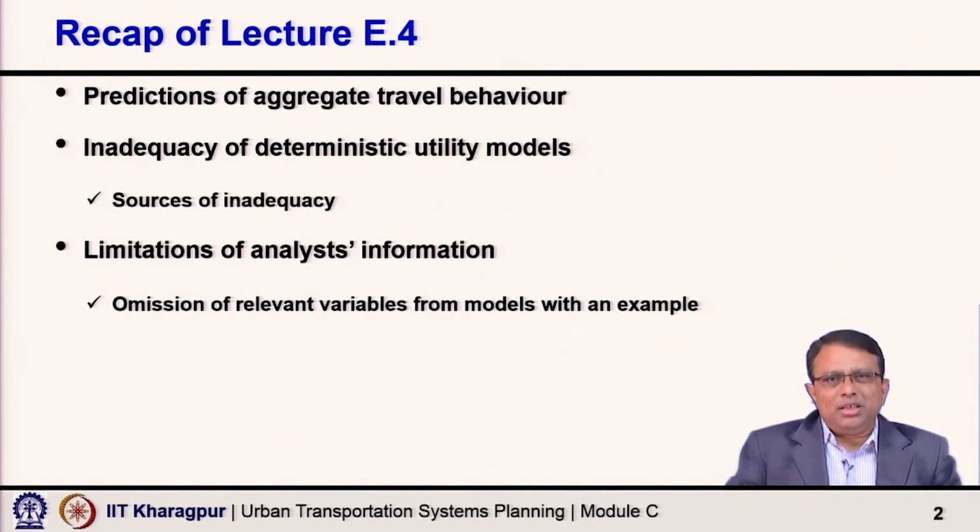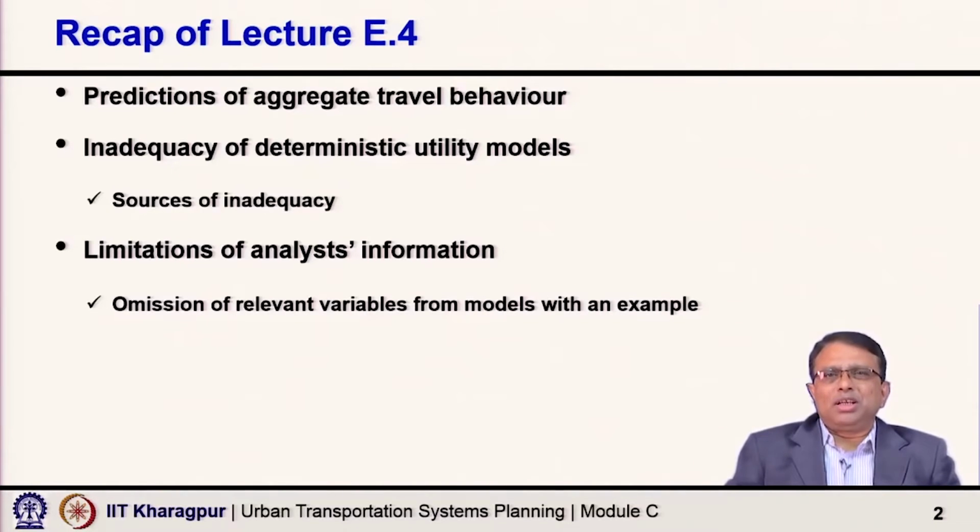Then we identified a few major areas to explain the limitation of analyst's information, and one such limitation, namely omission of relevant variables from the model, we discussed. We also took an example to show how, because of the omission of a relevant variable, the choice may differ from the outcome when we consider that variable in the model.